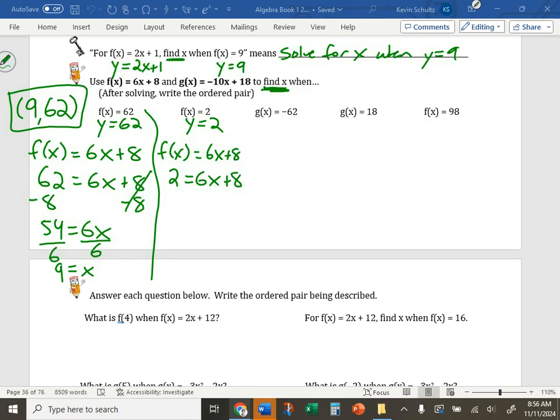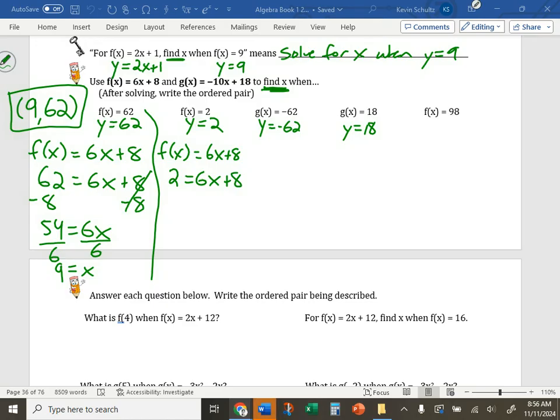Again, the difference here. I did not replace x with a number. That's what you're solving for. This whole term, f of x, just means y. I'm giving you y. That's what you got to do.